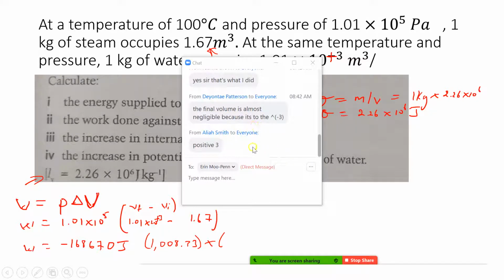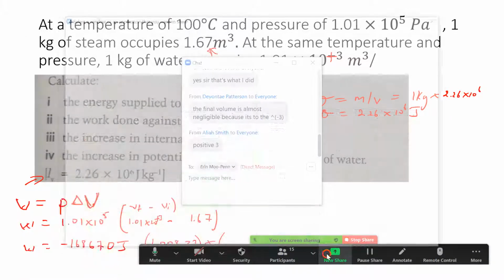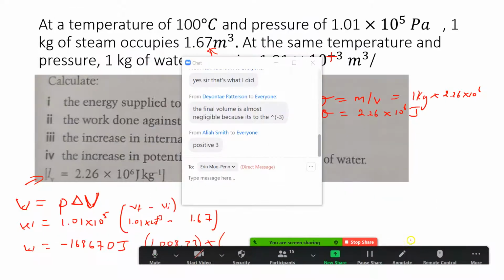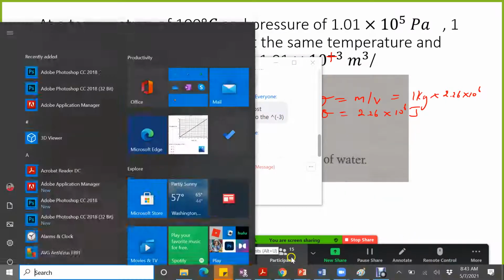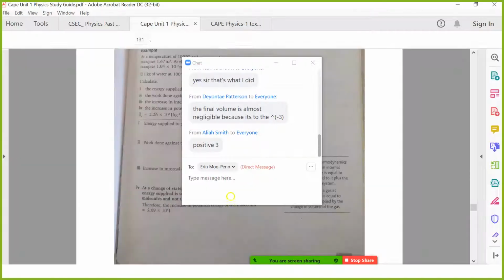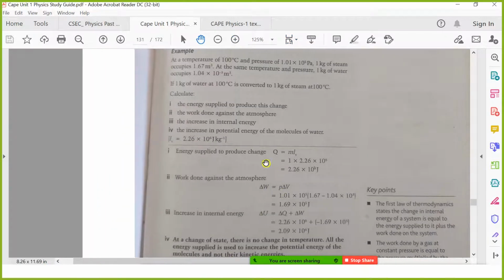You see, it's positive 3, because remember I said there's a problem with the question. I'm going to show you the question. There's an issue with the question based on what I've seen here. So here's the question right here.